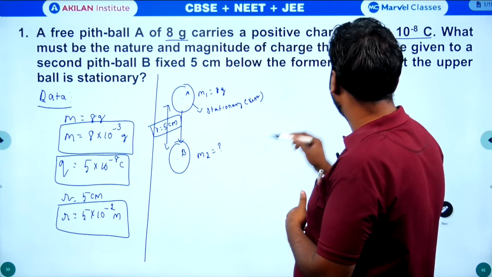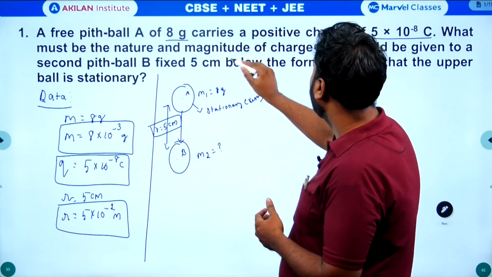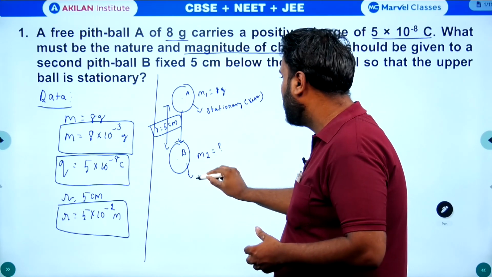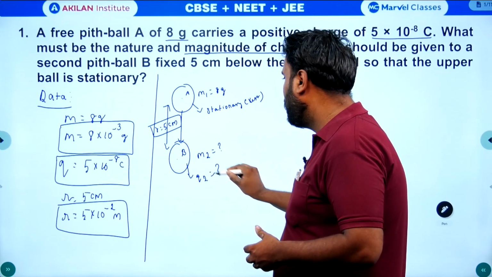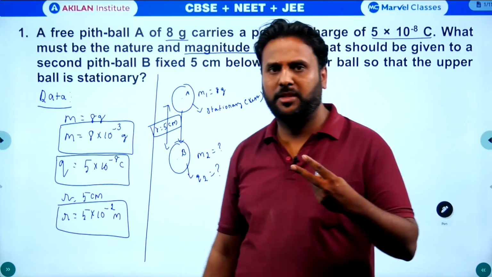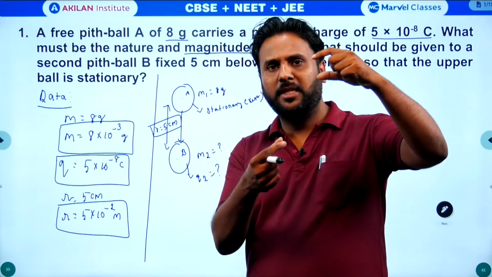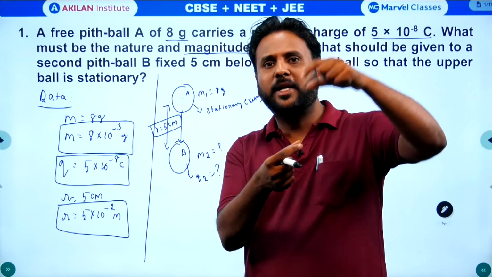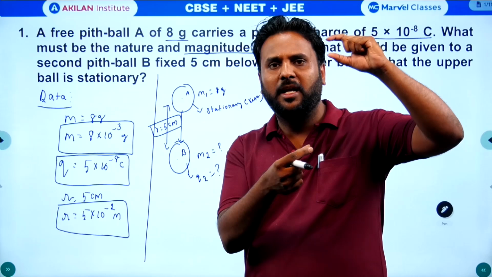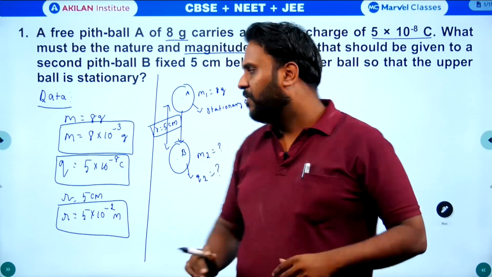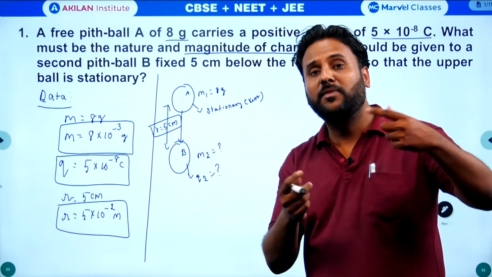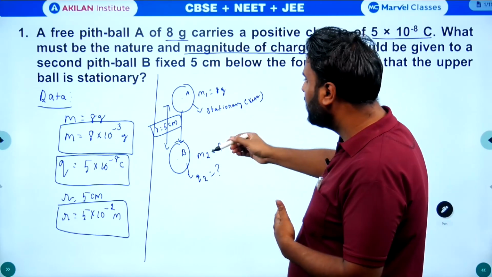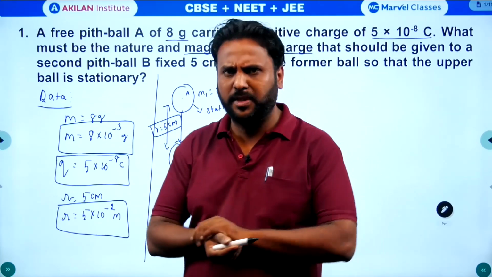What they are telling us to find out is the magnitude of the charge, that means the second ball's charge Q2. Ball A is here, ball B is here. Ball A should be stationary, at rest. We have to find out how much charge will be stored in ball B. So when you have charges and distance, definitely we will go to Coulomb's law.